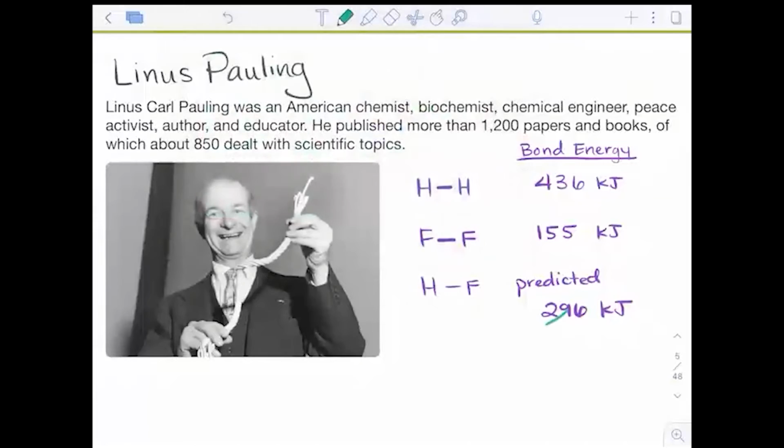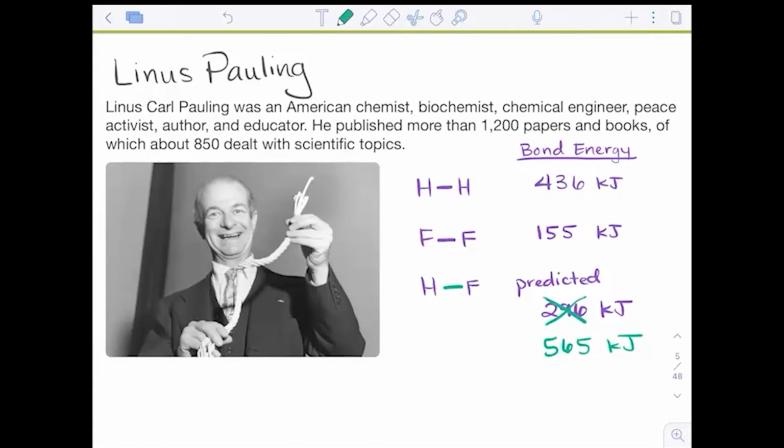Linus Pauling did the work and discovered a very remarkable outcome. That is not related at all. The bond energy, the amount of energy released when HF forms, is 565 kilojoules.